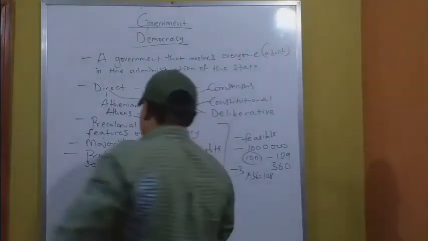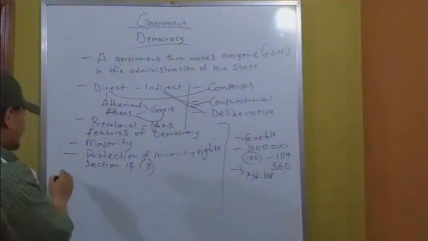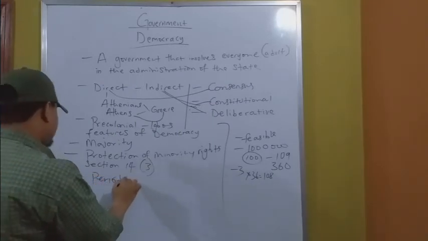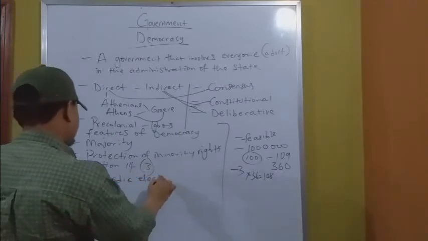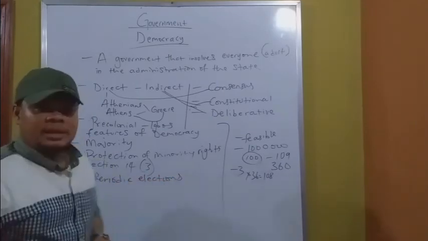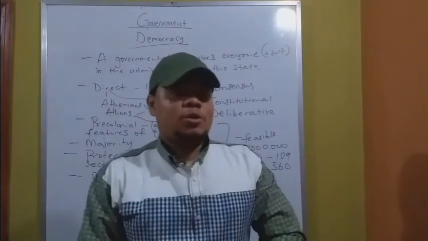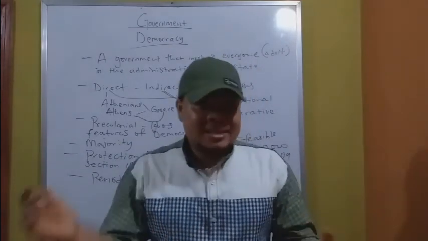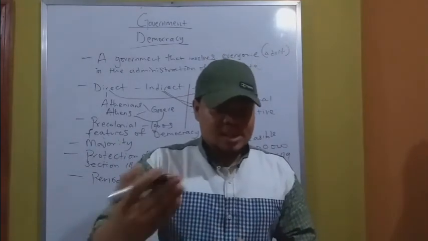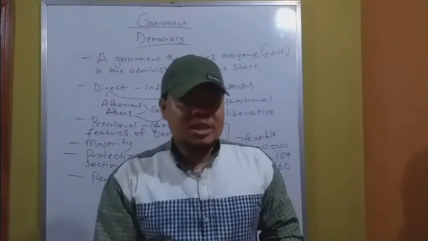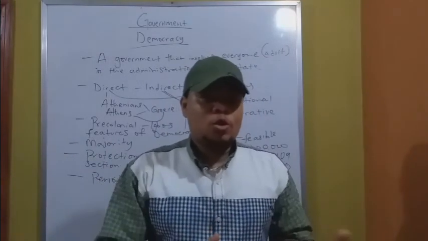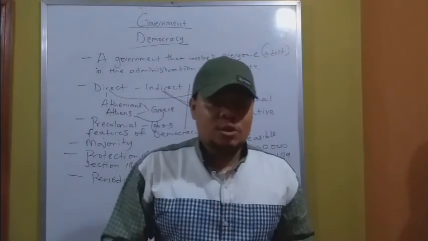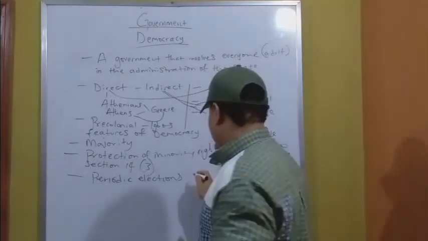Alright. Now, the number 3 feature of democracy is periodic elections. In Nigeria, general elections are conducted not once in 20 years or anytime they like. General elections are conducted once in every 4 years. What this means is that the tenure of the governor, of the president, of House of Reps members, of senators is for what? 4 years.